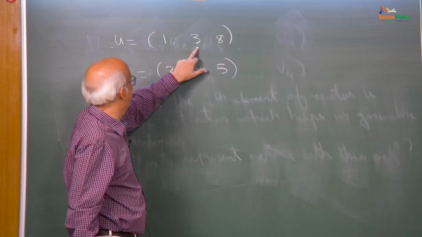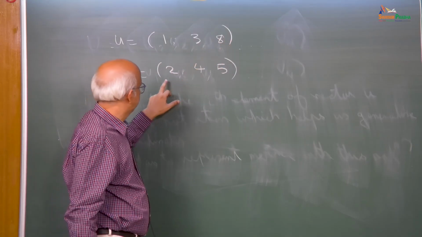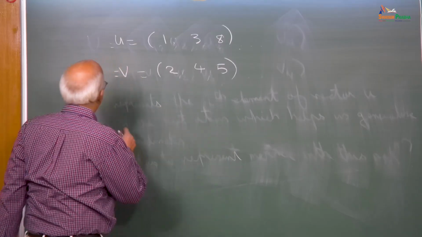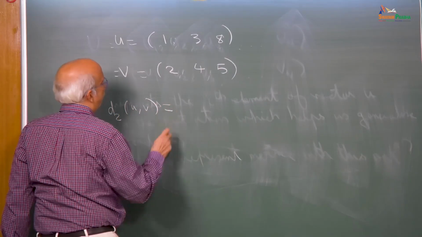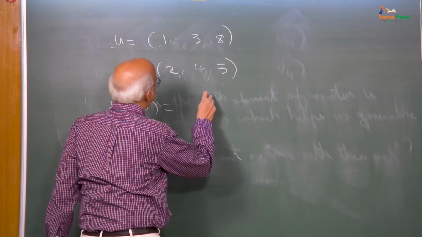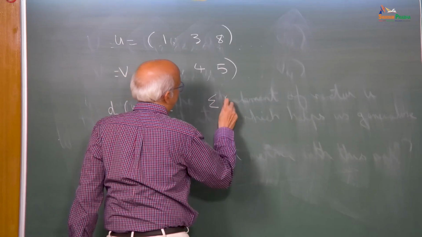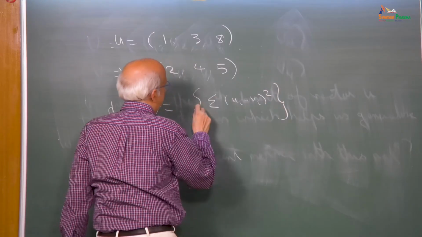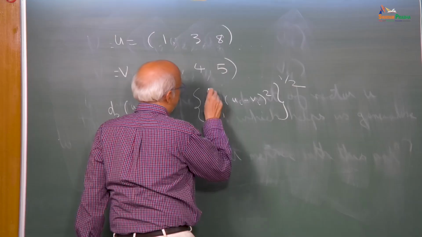So, this is u1, u2, u3, or what you are comfortable with, x, y, z maybe, v1, v2, v3, okay. So, if I want to calculate d2 of u comma v, what would I do? I have to use that formula there, okay, and that is sigma ui minus vi whole squared to the power half, I equals 1, 2, 3.